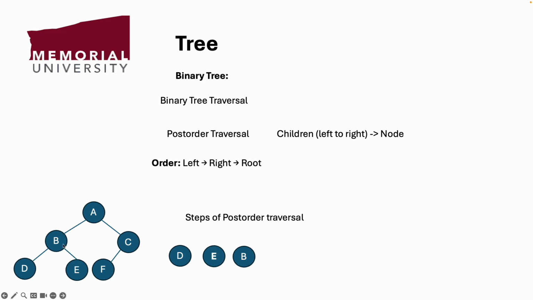Next, we go with F, but there's no right child. So we go back to visit what? The parent node, C. Finally, we visit the node A. Okay, these are the steps for the post-order traversal applied to the binary tree.